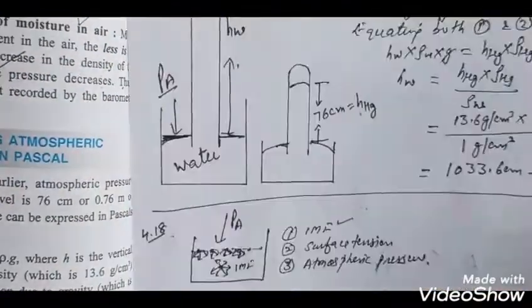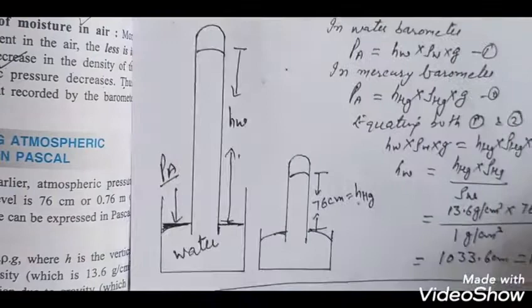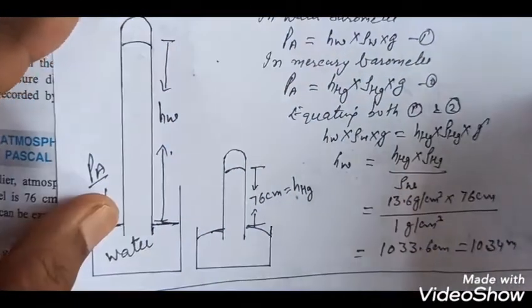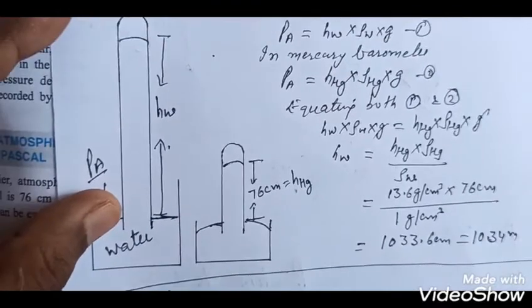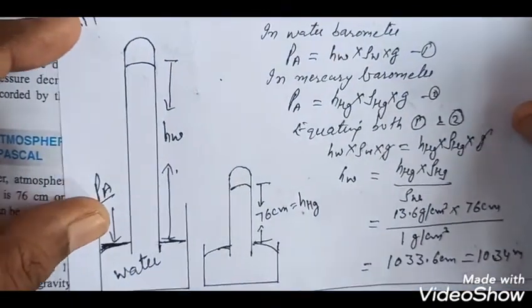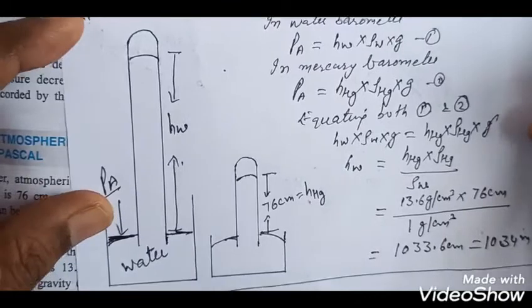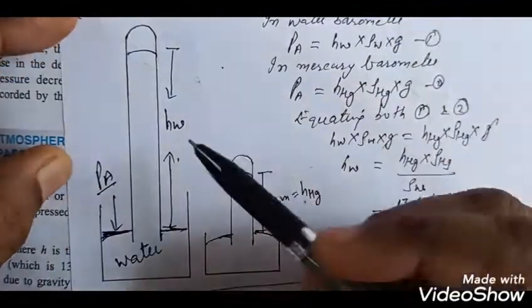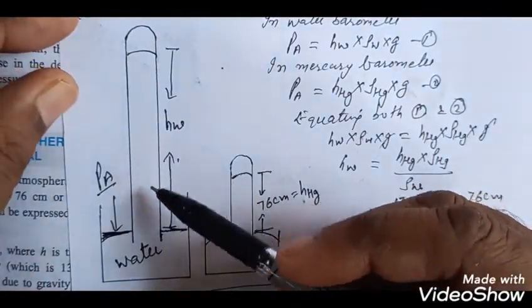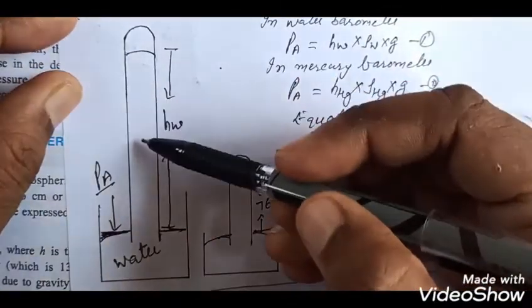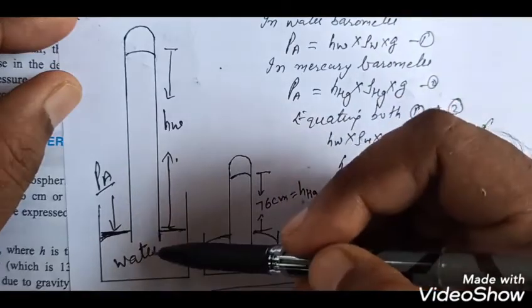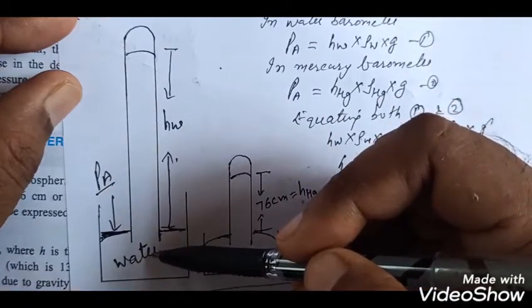And this is the thing which you have to understand nicely. I have shown here two barometers. This is the water barometer. It is made with water. Inside the barometric tube, water is taken. The trough is also that of water.